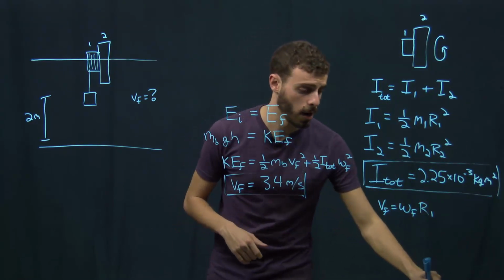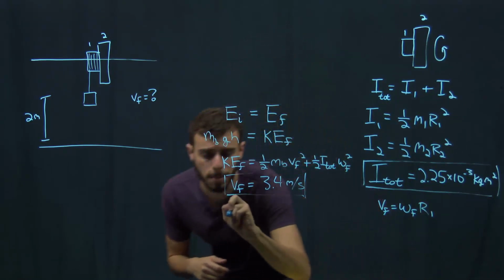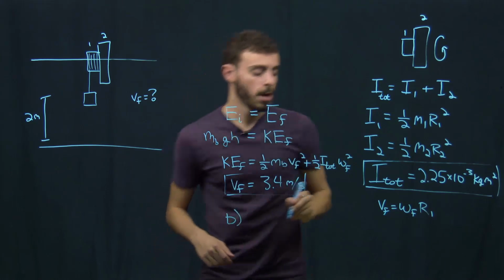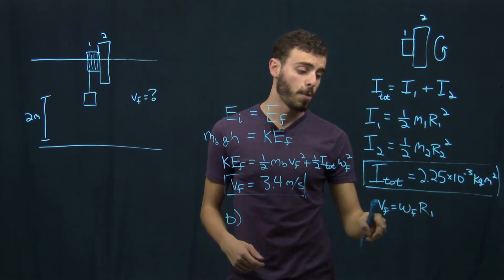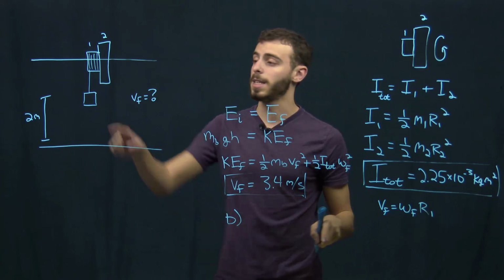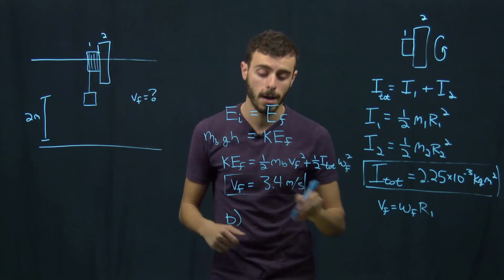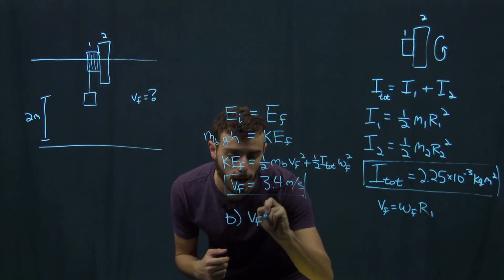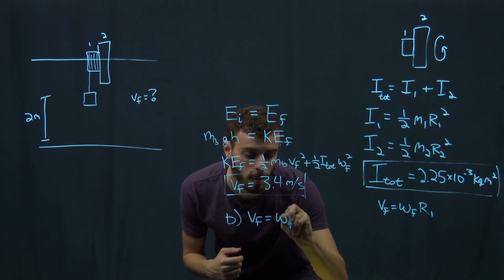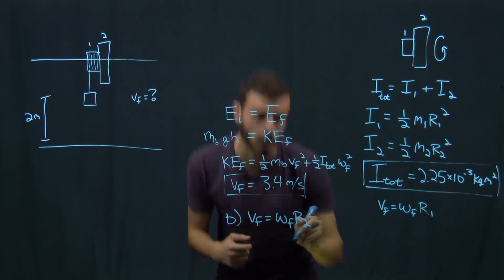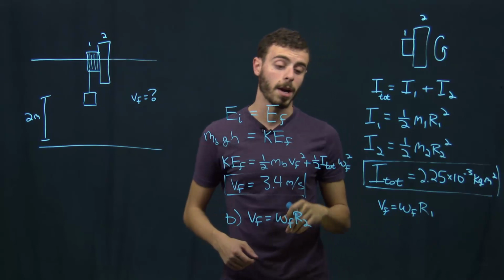So in our second scenario, and this is for part B, we just have to change this part right here, because our final velocity is now tied to disk 2 and not disk 1. So our velocity final is now going to be omega final multiplied by radius 2 instead of radius 1.